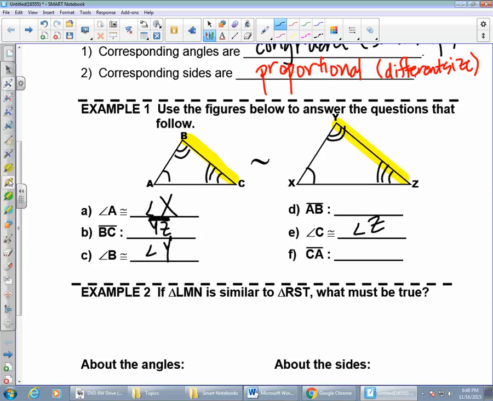Line segment AB corresponds to line segment XY, again because they're in the same position. And the last one, line segment CA corresponds to line segment XZ, here again because they're in the same position.